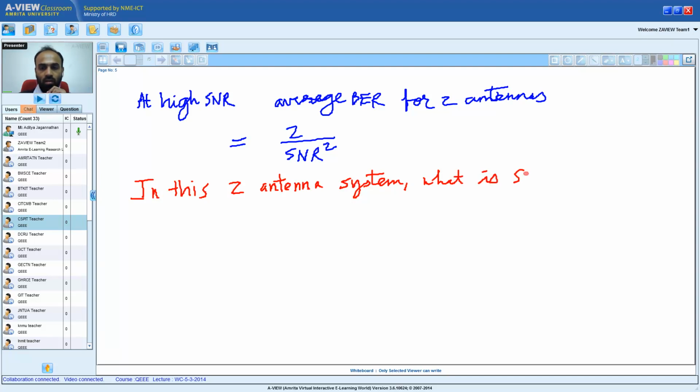what is the SNR required for a bit error rate equal to 10 to the power of minus 6?